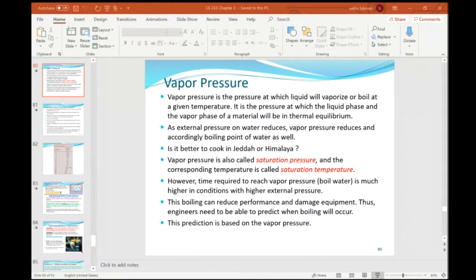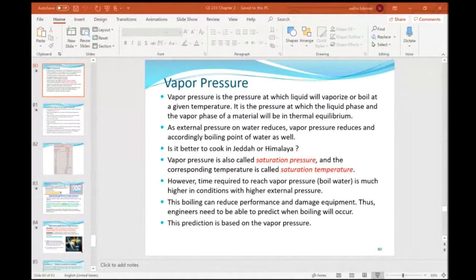It reduces with altitude. So that implies the external pressure acting on water reduces when you are heating water in the Himalaya. And what that means is that water boils faster in the Himalaya than in Jeddah.